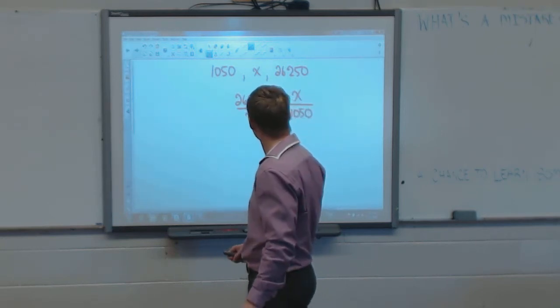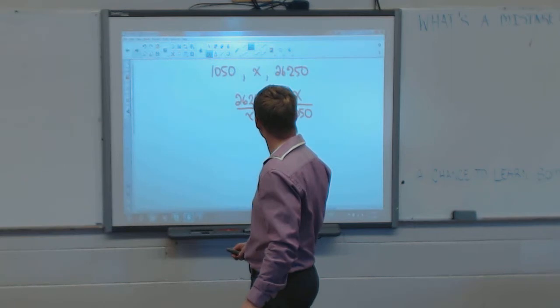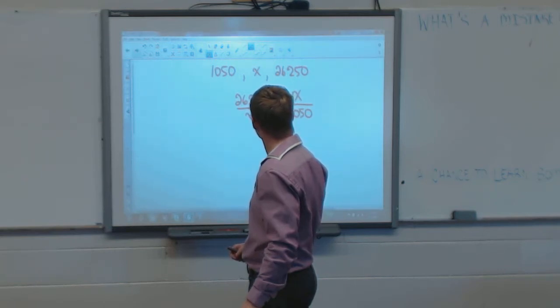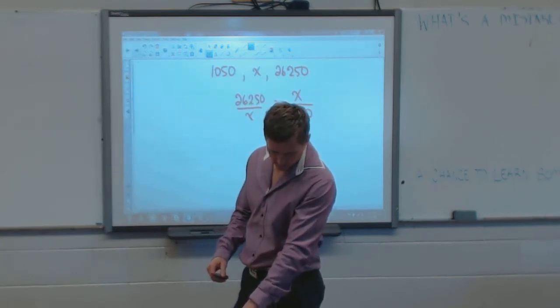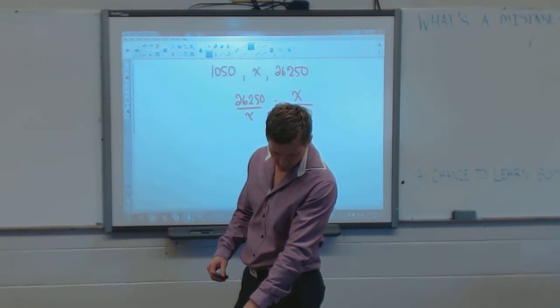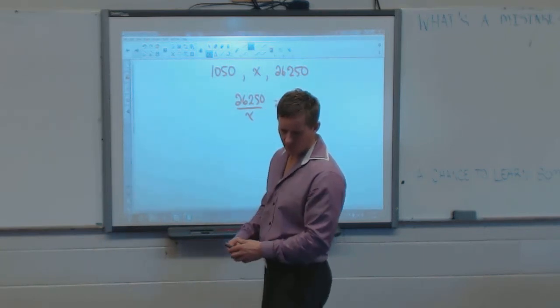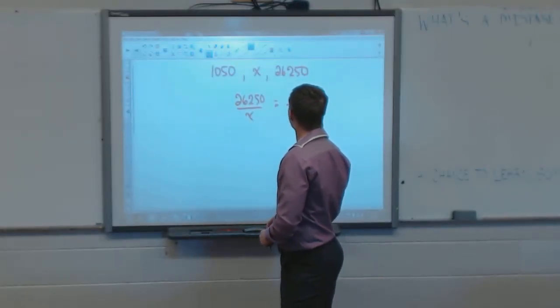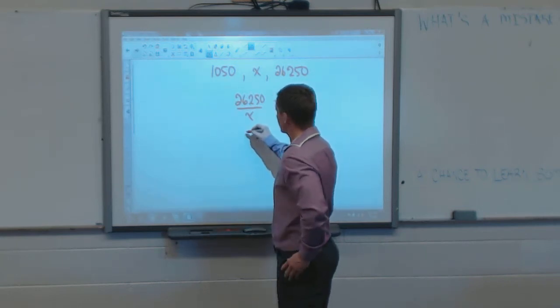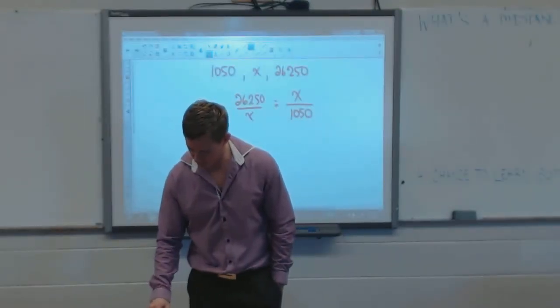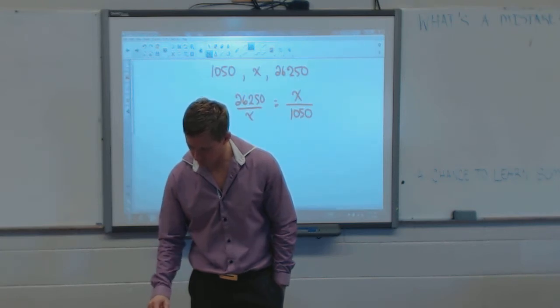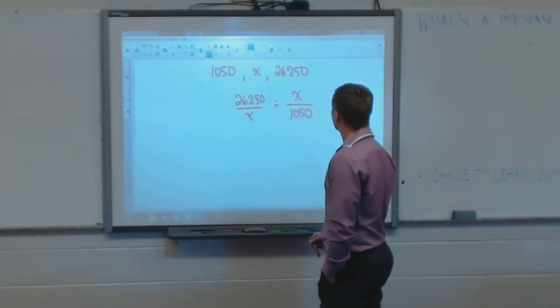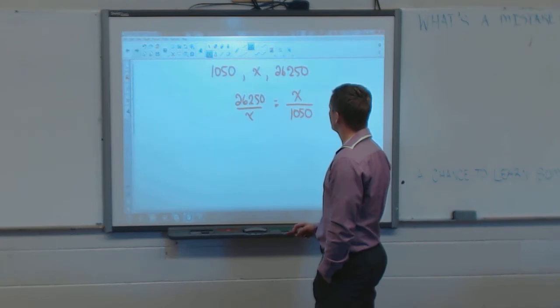Seventh term, 26,250. Man, I got an error. This should have worked. Why is it not working? That's going to be multiplied. That's not going to work. I need 26,250 divided by 1,050. 25, and this is multiplied to get my ratio.